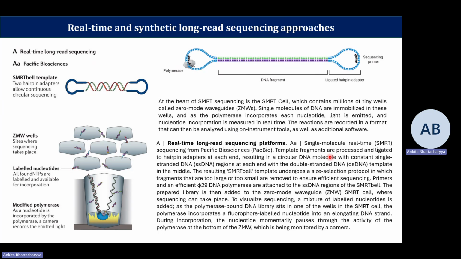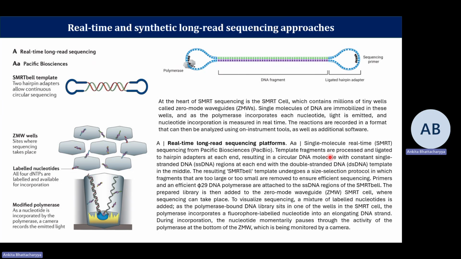And the resulting SMRTbell template, which we have already discussed, undergoes a size selection protocol in which the fragments that are too large or too small get removed to ensure efficient sequencing. Primers and an efficient phi29 DNA polymerase are attached to the ssDNA regions of the SMRTbell. The prepared library is then added to the zero mode waveguide SMRT cell where sequencing can take place.